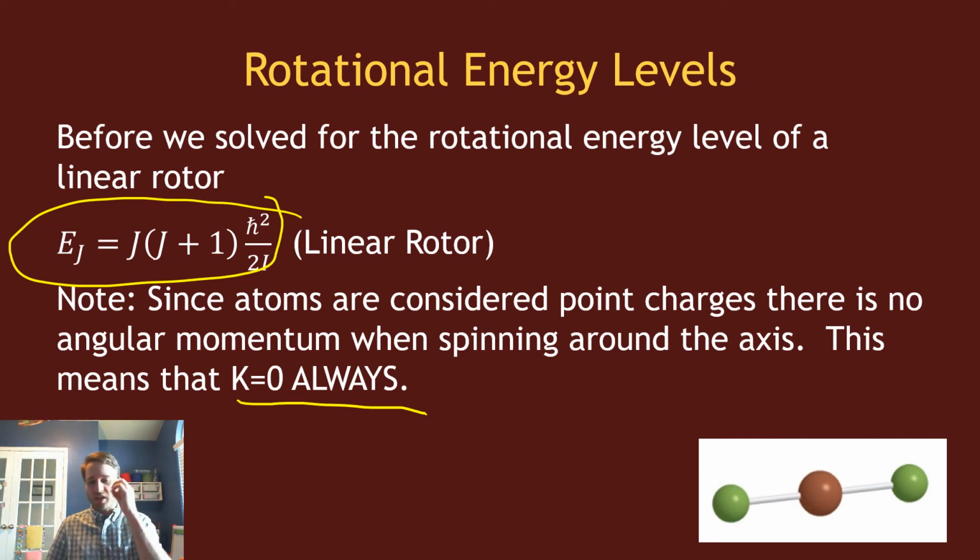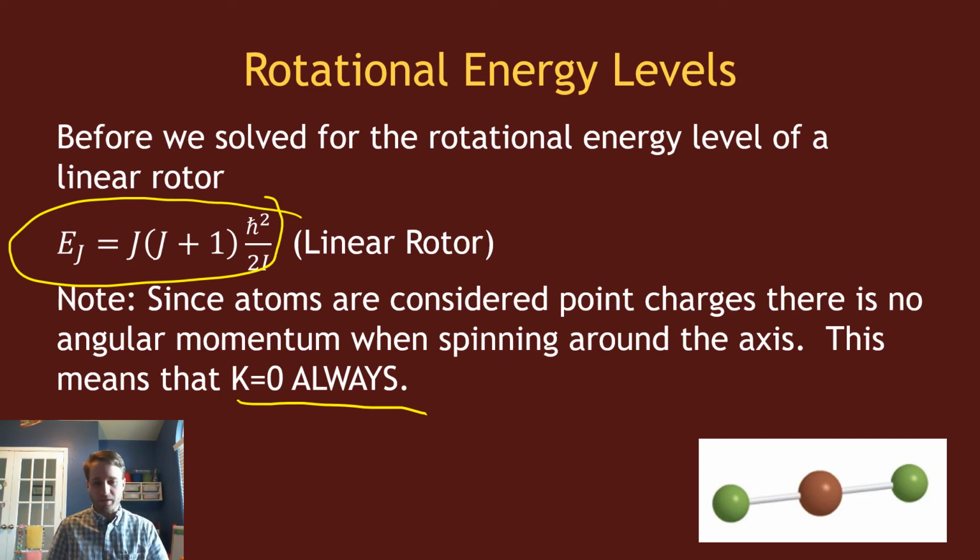But the size of your atoms is so small that the effective angular momentum of rotating around your axis, like if you're looking down the axis of the pen, is so small that, I'm not going to say it can't be measured, but it's small enough that we never care about it.